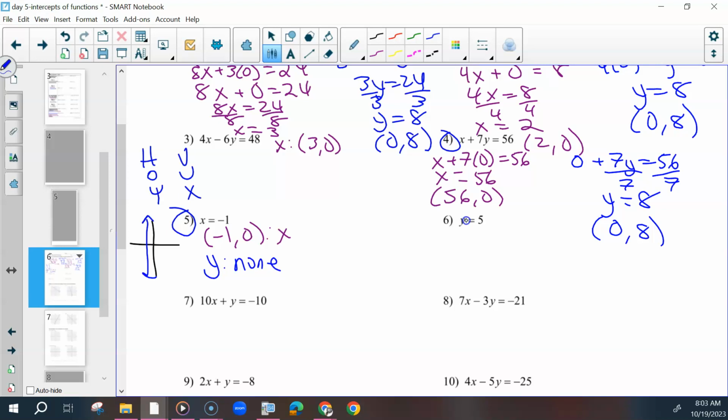So in something like this, you would need to tell me which is which, because I don't know if you know that this is for the y and this is for the x, or if you switched them. So make sure you label them. And then for the other one, share your work. Okay. Other questions?